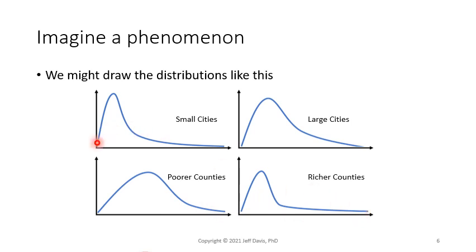Okay. All right. So among small cities, if you have a large group of small cities, we would expect most of those small cities to fall down here. We typically think of small towns, small cities, as largely free of crime and so on and so forth. But we would expect those small cities to be concentrated down at the lower end of crime rates, right? Now, in large cities, we might expect more of a distribution, to find many more of these large cities in the higher crime rates, right?